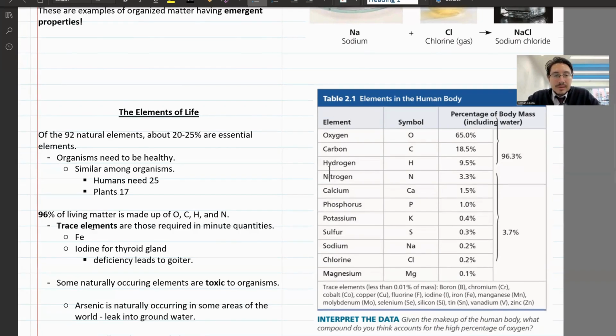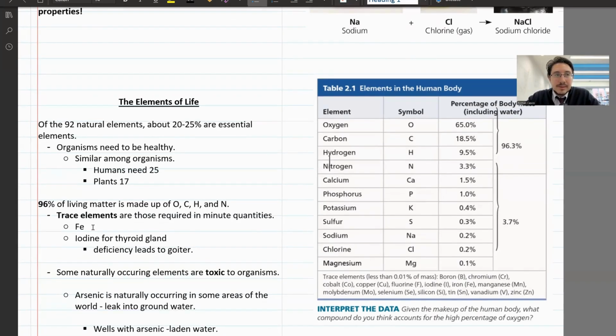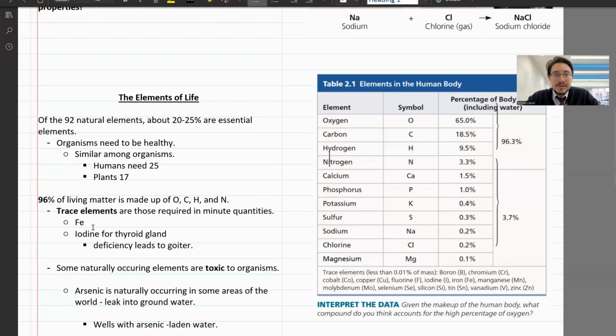One similarity among organisms is that we all need these same elements. Humans need around 25 elements. Plants need around 17. So it's not much really.